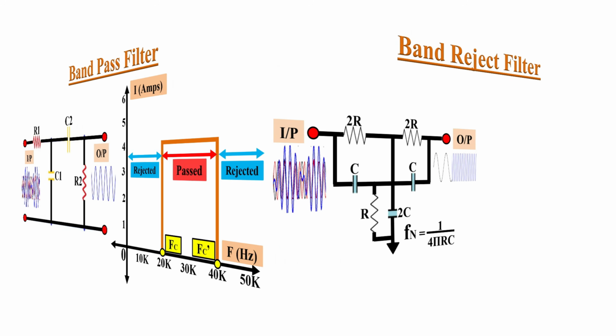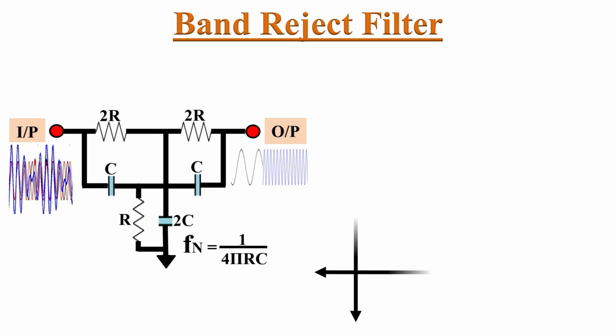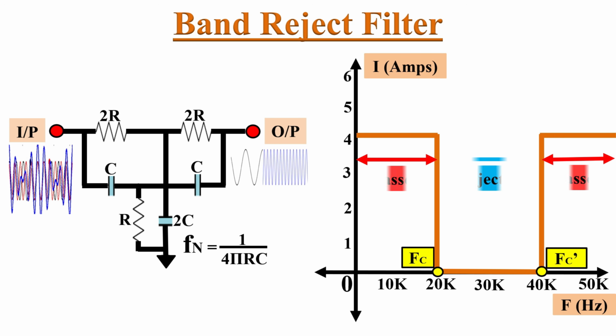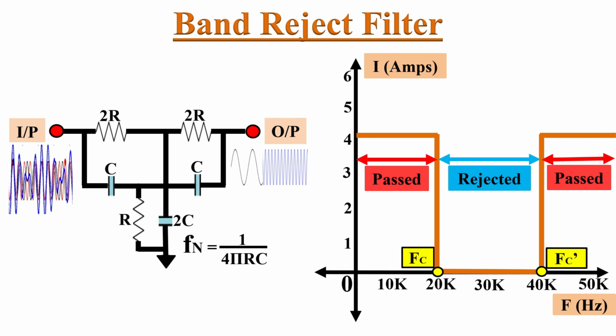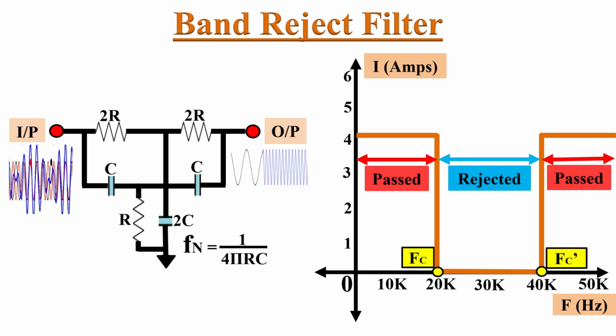Now the fourth type of filter is the band reject filter. A band reject filter rejects a specific range or band of frequencies and passes all frequency signals above or below that range. The ideal band reject filter frequency response looks like this. Here also we have two cutoff frequencies, FC and FC'.